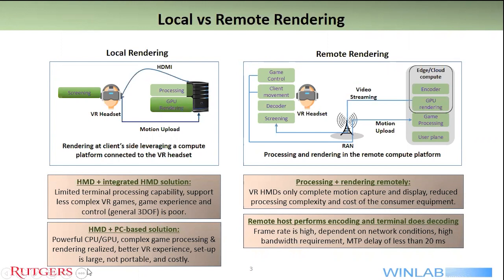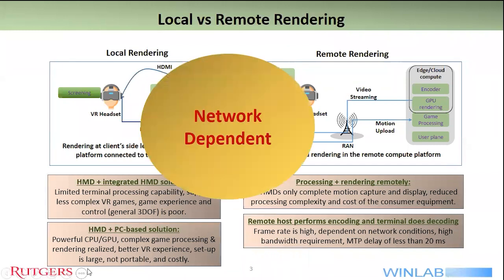So to address this kind of rendering and to get a great immersive experience, the motion to photon latency for AR/VR technology has to be less than 20 milliseconds. So the net takeaway from this particular slide is that if you're choosing to do remote rendering, it becomes network dependent.